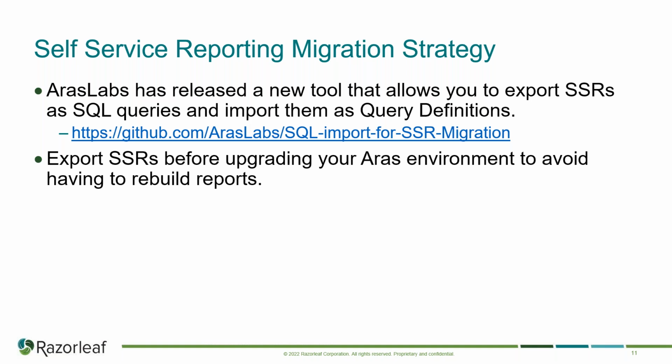The link is above, and if you do a quick Google search of Aras Labs, you should be able to find it pretty easily. So this will be a new action that's added to Innovator. And upon launching it, it will export SQL that you can then use the tool to import back in as a query def. So be sure, if you're looking to upgrade to anything newer than 31, or really anything newer than 30, and you're using self-service reporting, export those SQL queries before you upgrade your Aras environment, just so you can avoid the effort of having to rebuild those reports.